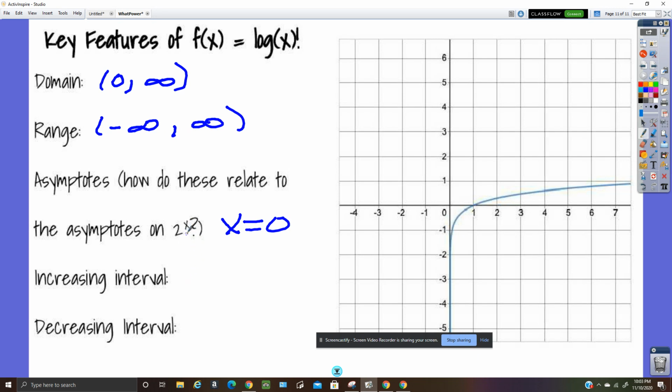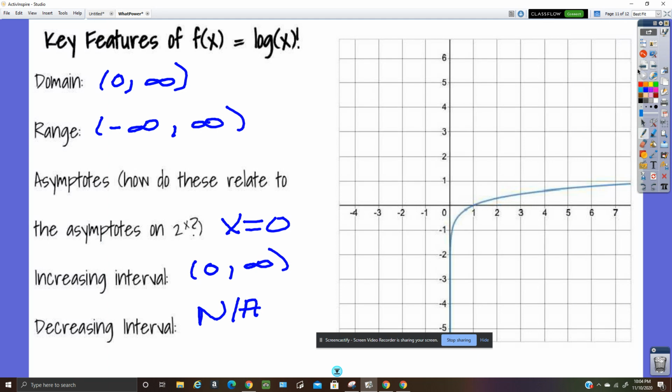Well, the asymptote of 2 to the x would be y equals 0. Increasing, so from 0 to infinity, and this is NA. All right, so that's it for those slides.